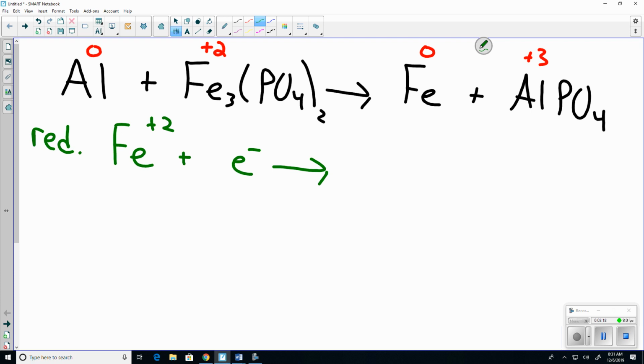And what did it turn into? It turned into iron 0. In order for iron +2 to turn into iron 0, how many electrons did it gain? 2. That's the reduction equation.